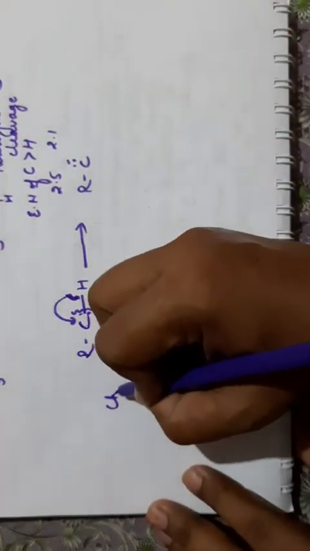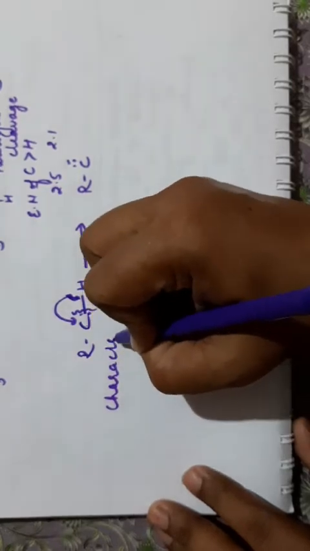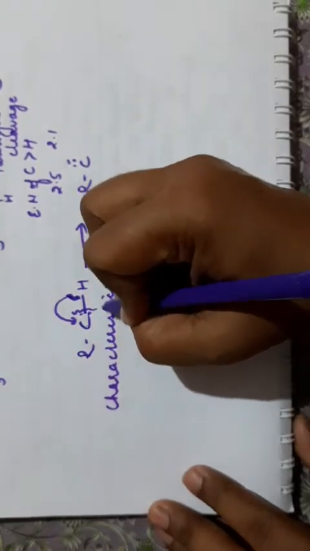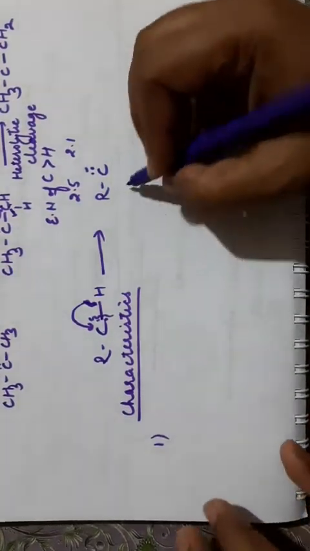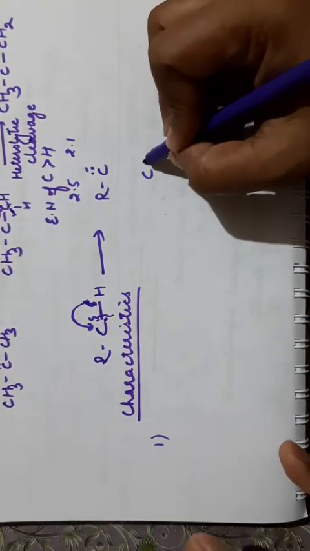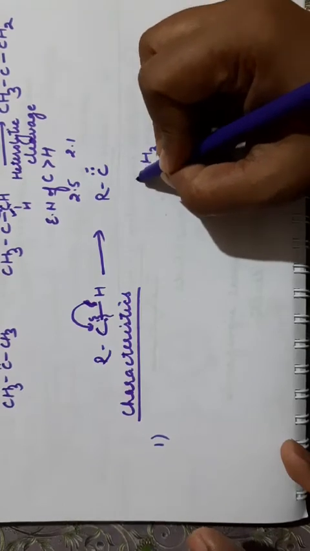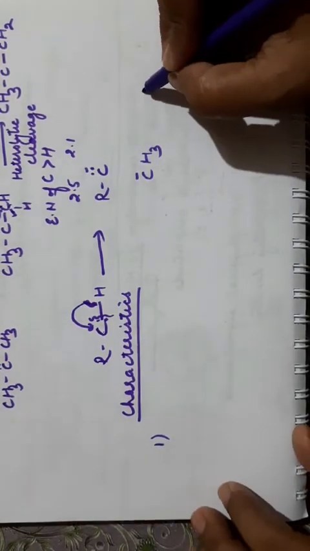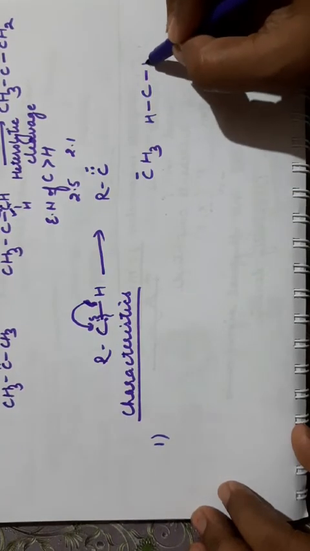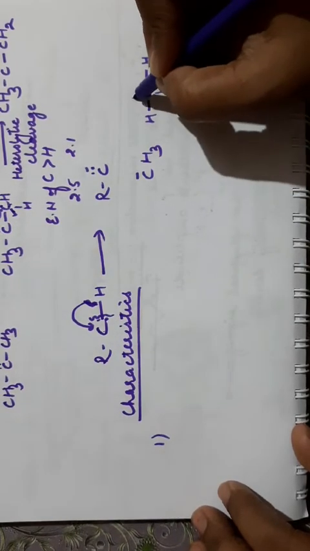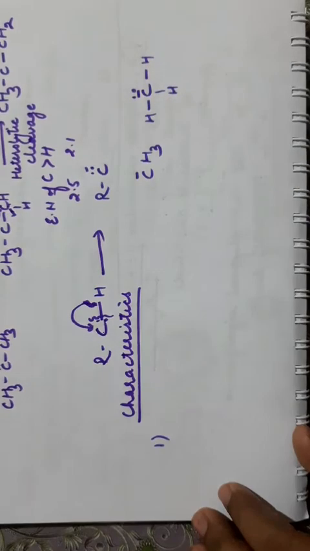Now what are the characteristics of a carbanion? First, if we take the simplest carbanion, CH3 minus, here carbon is bonded to 3 hydrogen atoms and there is a negative charge, which means there is a lone pair here.